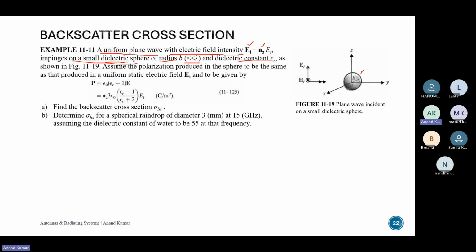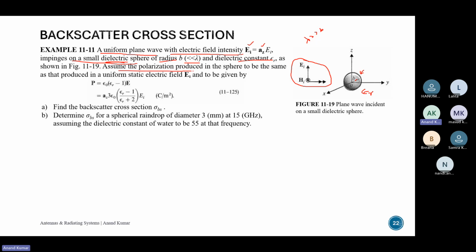So we have this sphere over here, its radius is b, and we have an electric field incident, the incident wave is oriented like this. The permittivity is epsilon r, and the incident wave has the wavelength lambda, and this lambda is much greater than this radius.